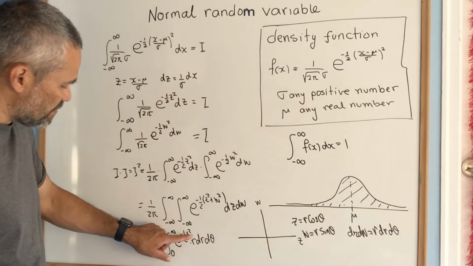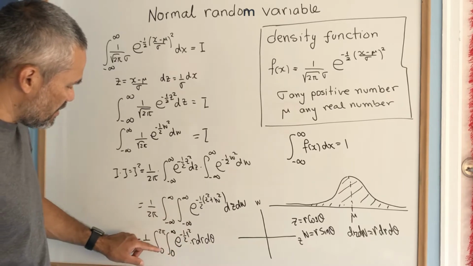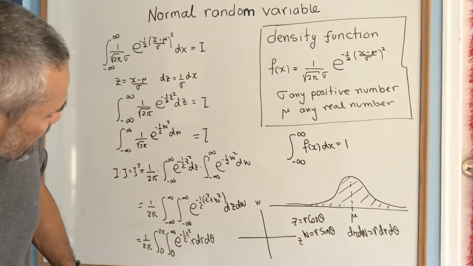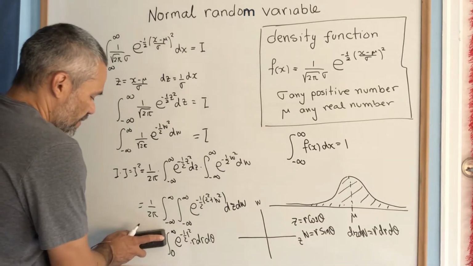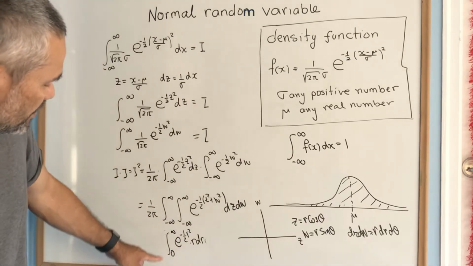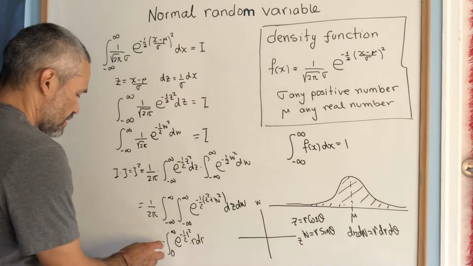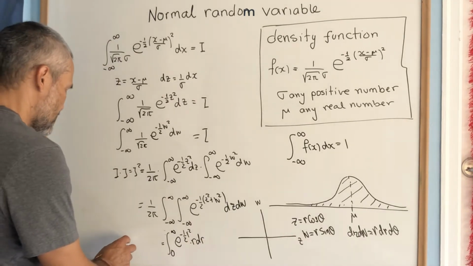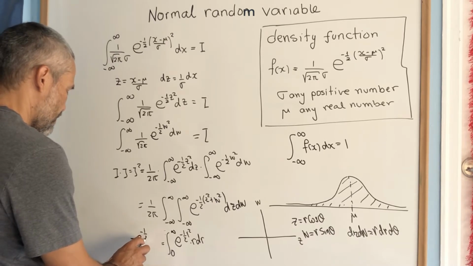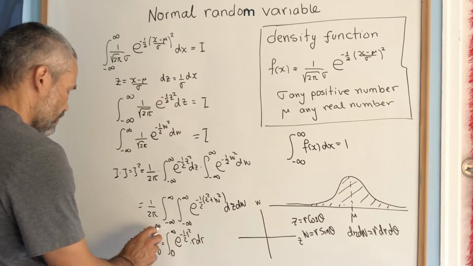Since this is independent with respect to theta, we can do that integral, and it will cancel out the 2 pi, and we will get the integral from 0 to infinity of e to the negative 1/2 r squared r dr. This integral, using substitution, is just negative e to the negative 1/2 r squared from 0 to infinity.